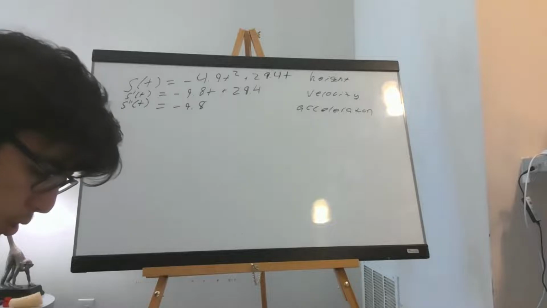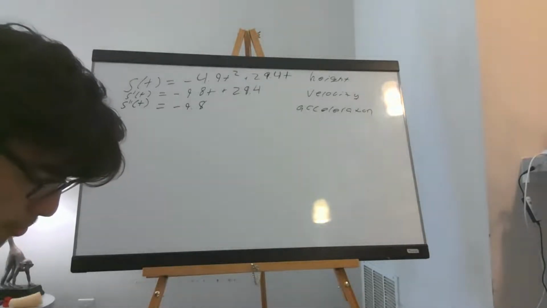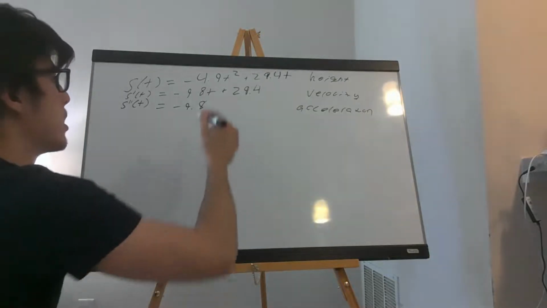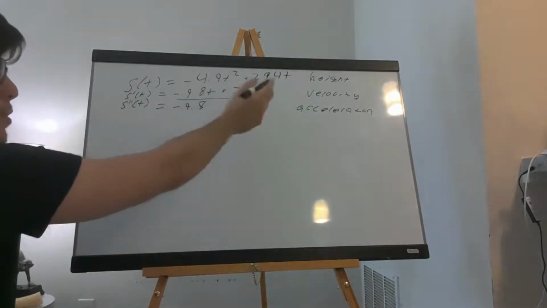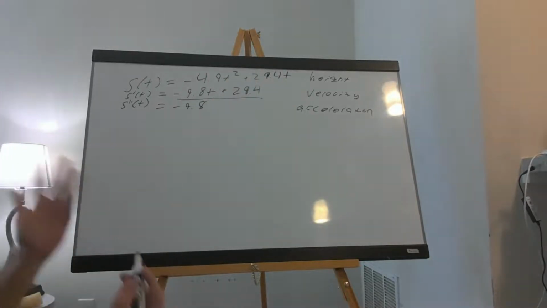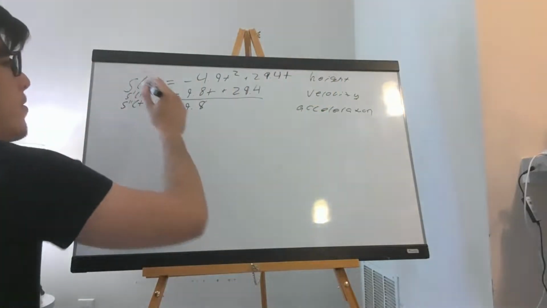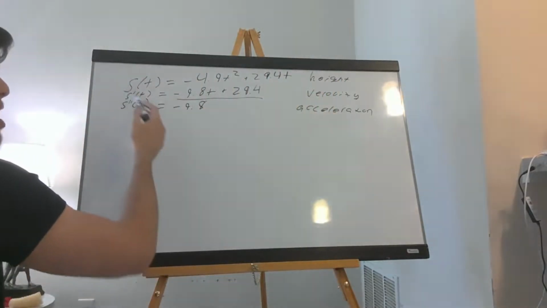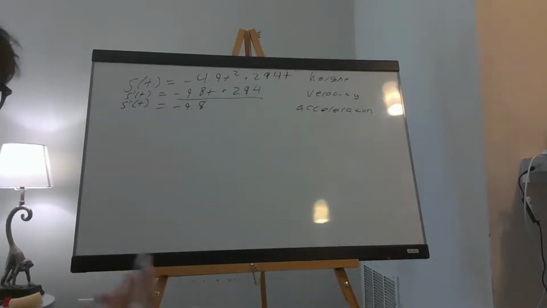So the first part of this question asks, what is the velocity of the ball when t equals 1 second? So we will use the second equation here for velocity, which is just the first derivative of height. If you want to think about it this way, you can think of height as f of x, velocity as f prime of x, and acceleration as f double prime of x.